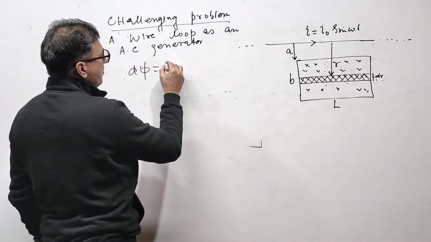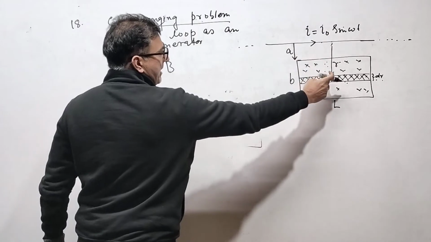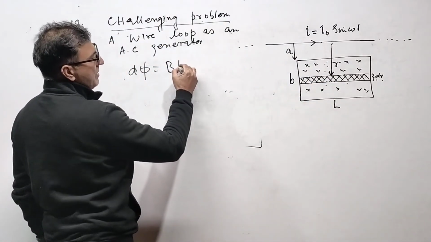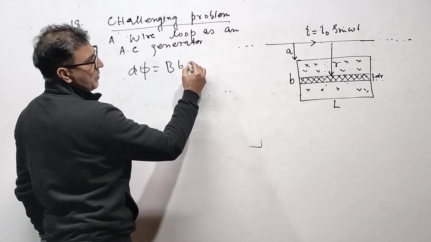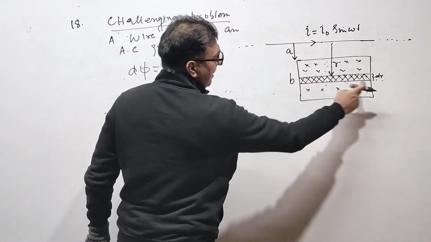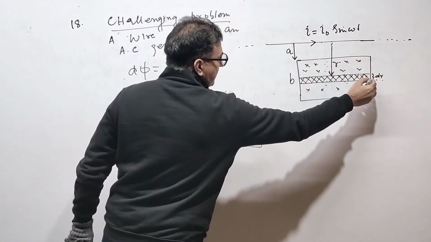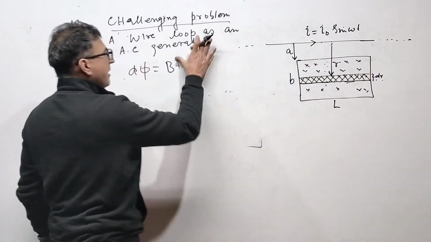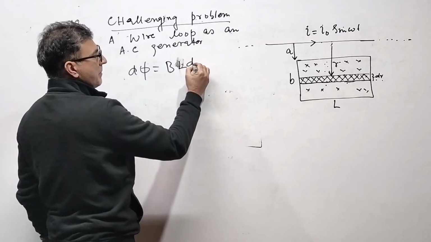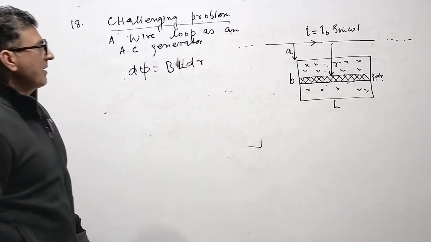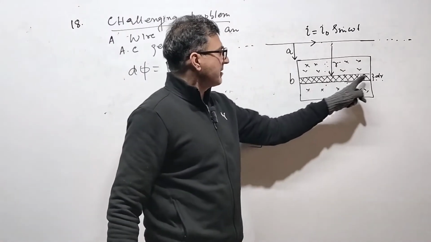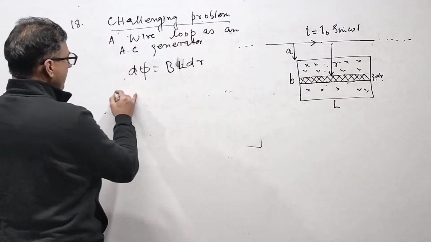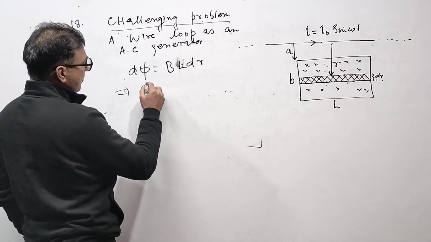It is L into dr, where L is this length. So the area is L dr, and this is a small amount of flux through it. But I have to find the flux from here to here.